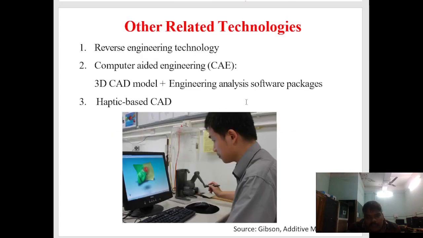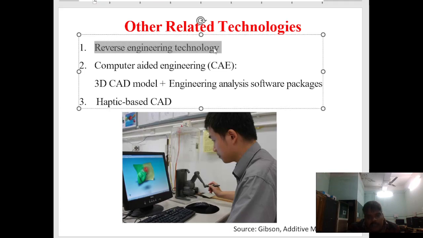Other related technology which is used in additive manufacturing, like the additive manufacturing, reverse engineering technology. What happens in reverse engineering? Suppose the product is given, you want to make the missile tank, and you have the tank.